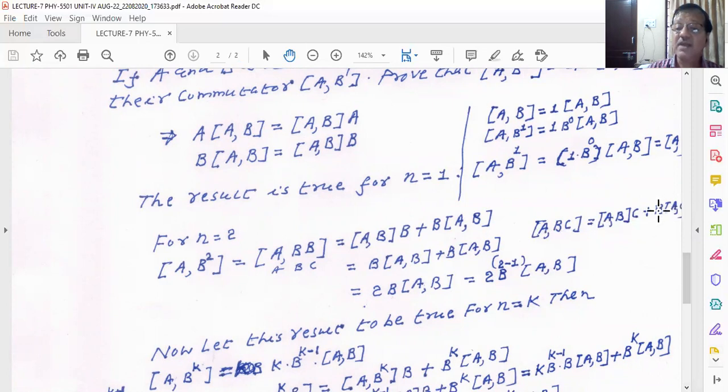So this is B with a commutator of A with C.